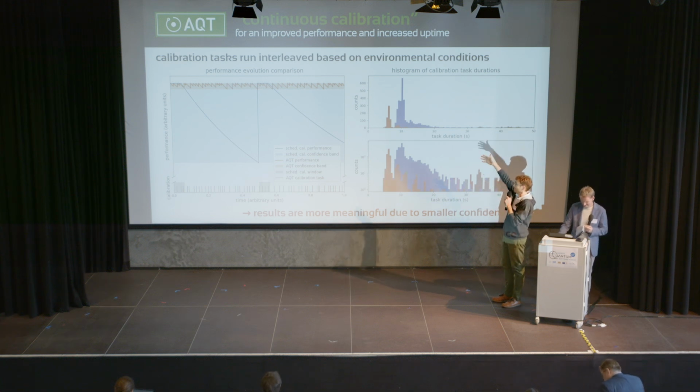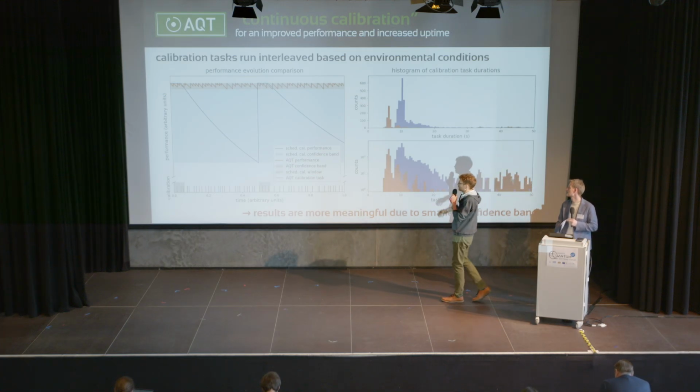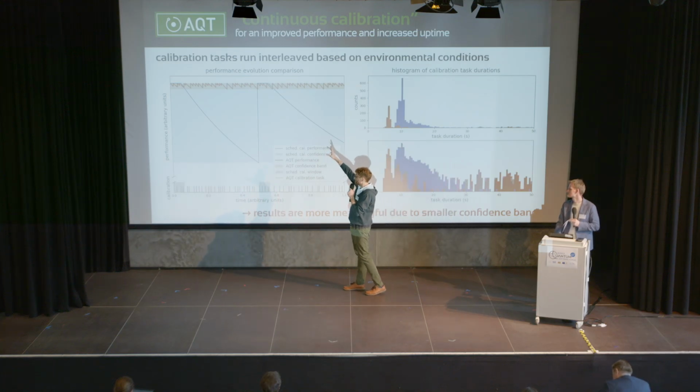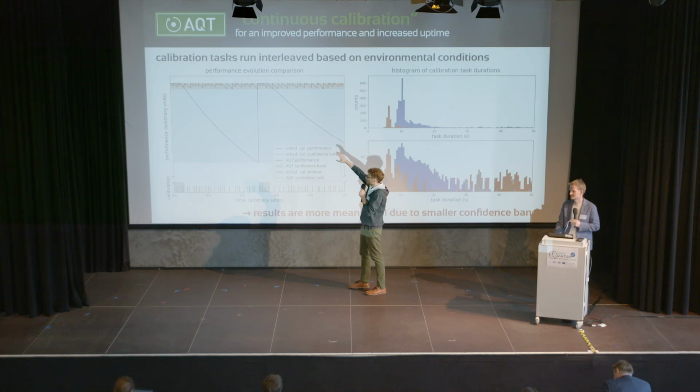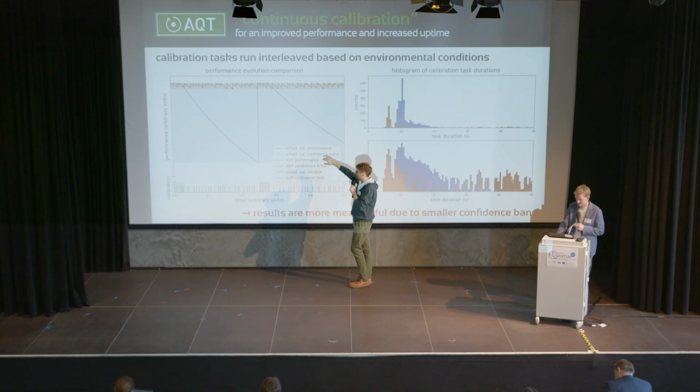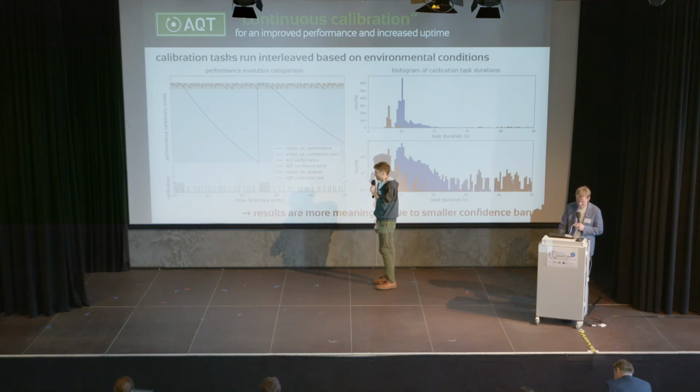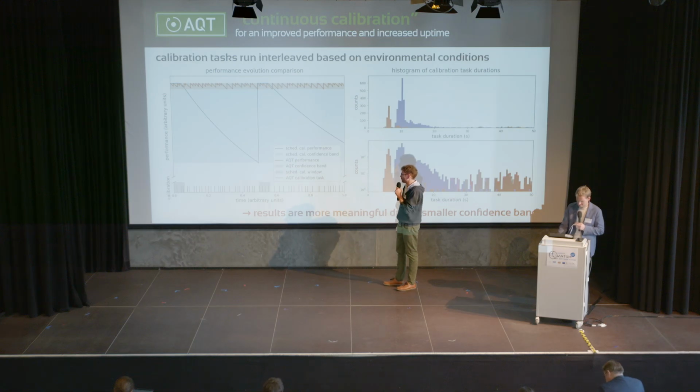We do that to have a high performance of the system, but also to have an increased uptime. And here you see a schematic picture on the left-hand side. What is the difference in the calibration mode? Maybe some systems use scheduled calibrations, where you have basically the system occupied for some hour to do calibration.